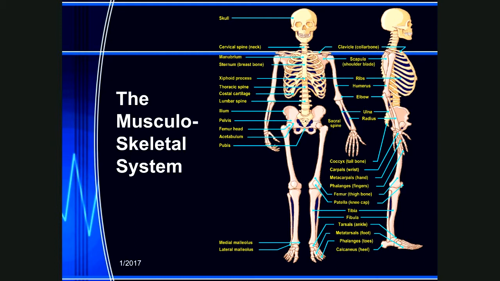We'll talk more about bones here, but those are the major bones that we need to be able to identify when we're talking to the hospital, say we have a possible fractured radius ulna, or possible tibia fibula fracture, or femur fracture. So those are the bones that we're most concerned with.